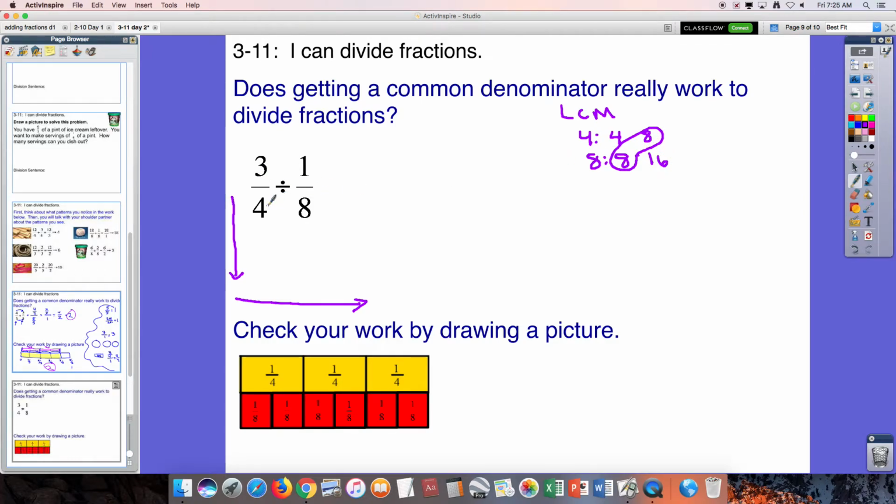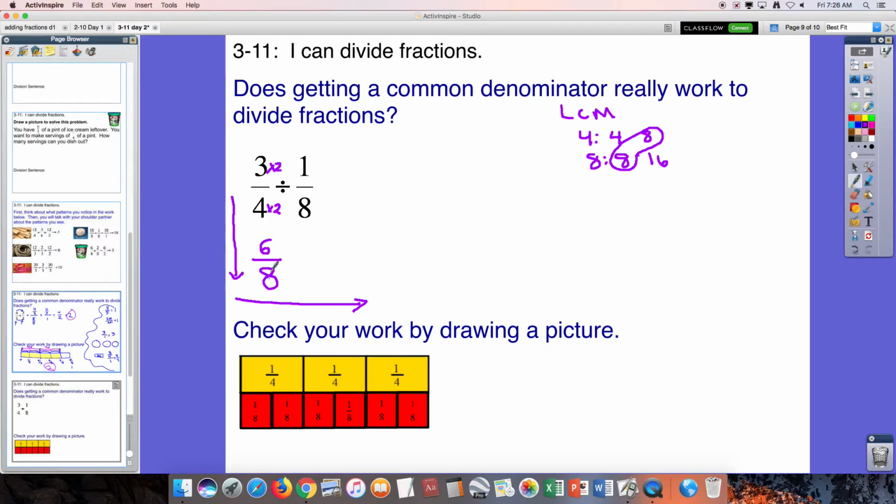I'm going to get both of these to 8. 4 times 2 is 8. Also, do the 2 just like this. Do the 2. 4 times 2 is 8, just like that. So what I'm going to do is I'm going to draw 8 down there, and I'm going to go 3 times 2 is 6.